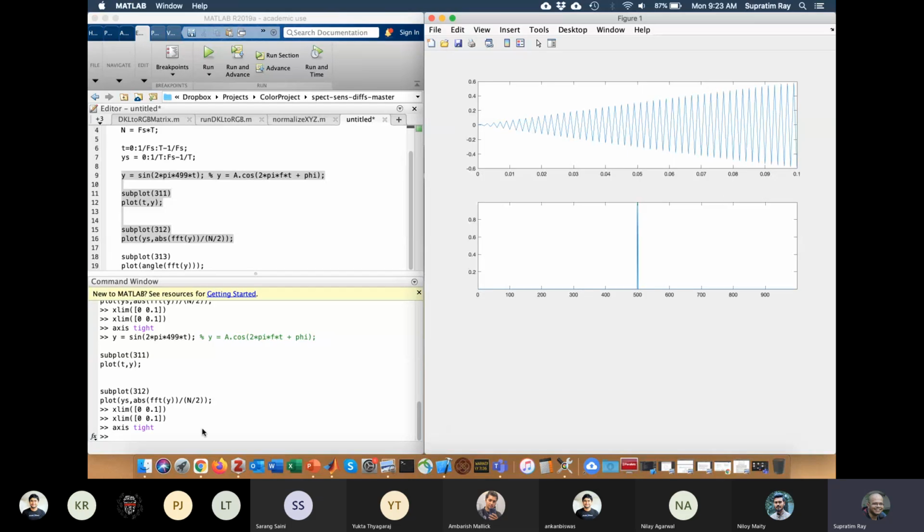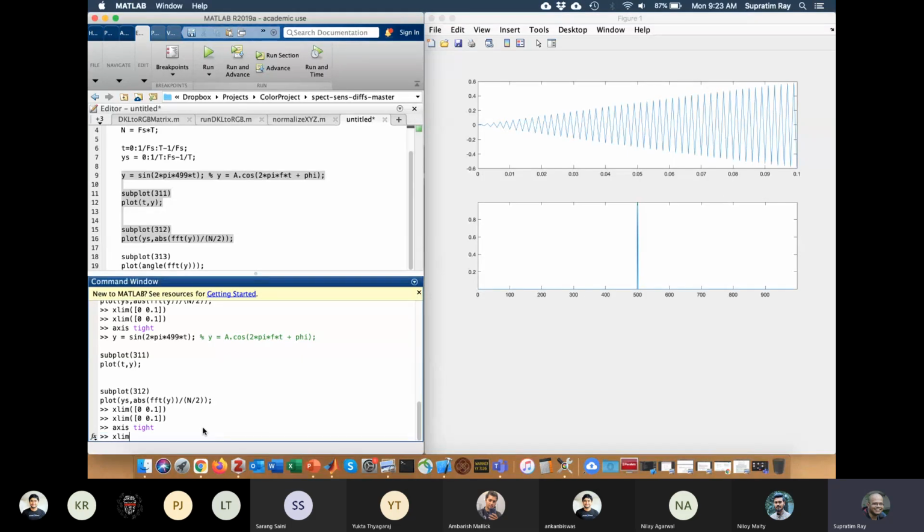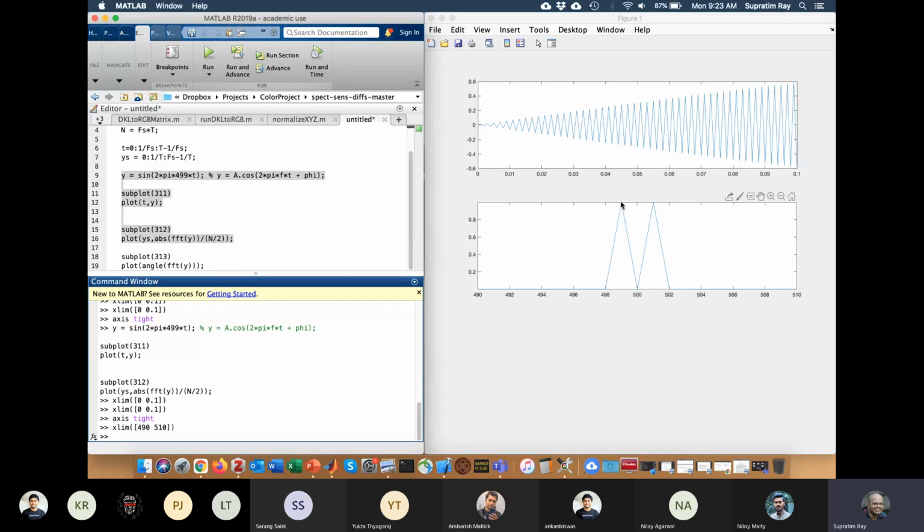Here I'll do an xlim between 490 and 510 hertz. And you can see that it's sitting at 499 and 501, so they are symmetric. So in the frequency domain, it is still showing this as a perfect sinusoid at a frequency of 499.